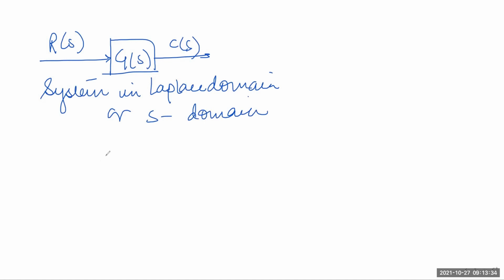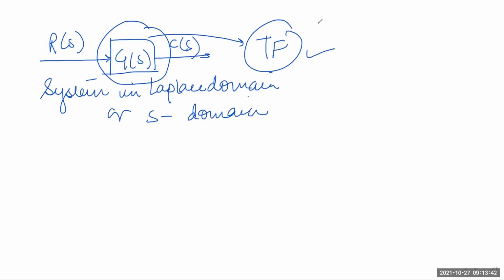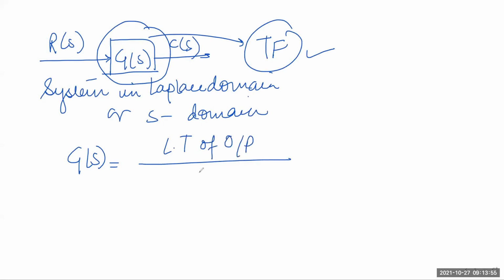Now here, G(s) is the transfer function of the system, TF in short form. According to the definition, G(s) is C(s) by R(s): Laplace transform of the output over Laplace transform of the input, keeping all the initial conditions zero.